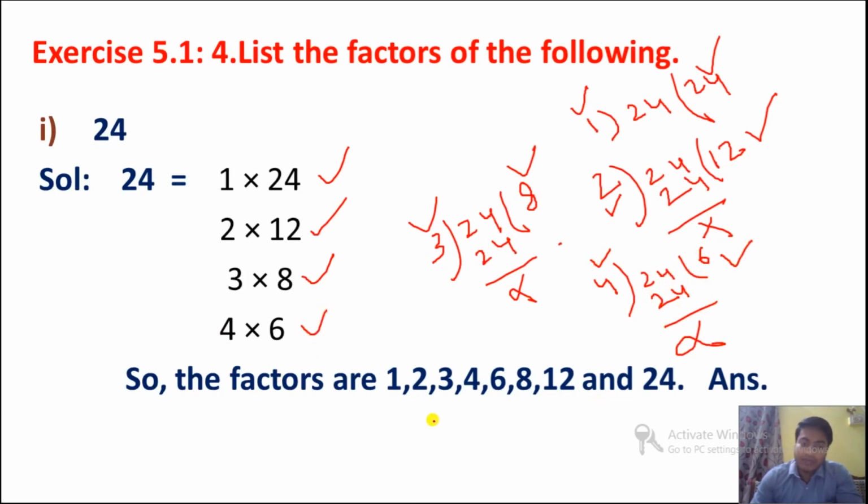Now we'll check by 5, not possible. By 6, possible, and 6 already came here. So these are the factors of 24: 1, 2, 3, 4, 6, 8, 12 and 24. Clear to you? So this is how you have to find the factors. So children, whatever I have discussed with you today, I hope each and everything is clear to you. Thank you.